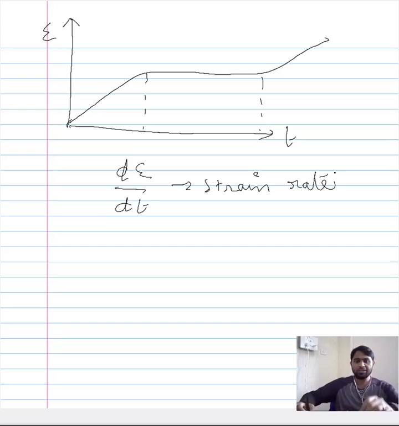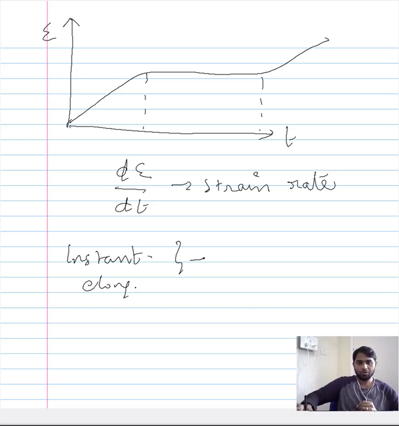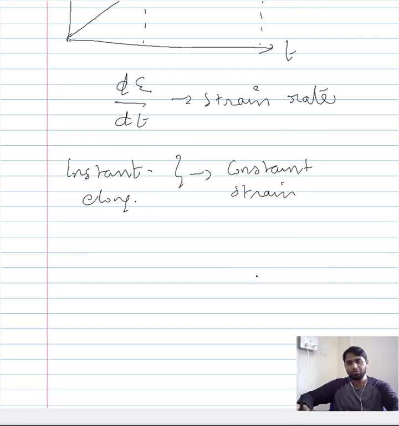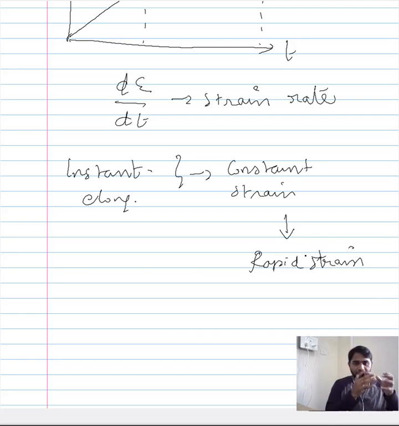So technically you could refer to this as the instantaneous elongation, the constant strain, and ultimately the rapid strain. You can categorize your three different stages of the creep curve in this manner.